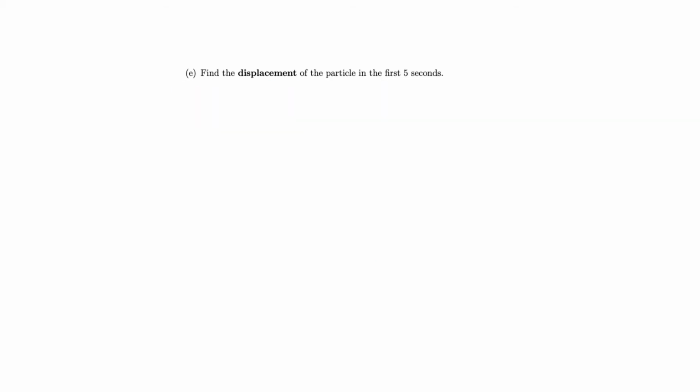So part E says, find the displacement of the particle in the first 5 seconds. So displacement means the net change in position from t equals 0 to t equals 5. Okay, so it's not the same as distance traveled.